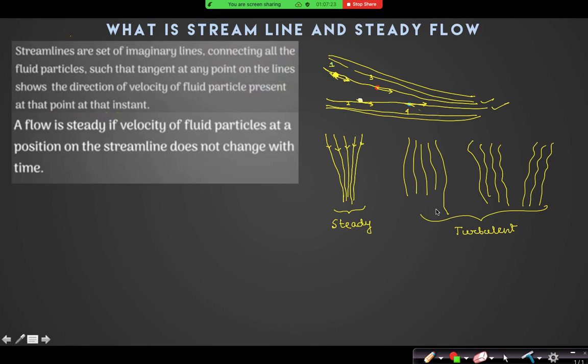So if at t equal to 0 and t equal to t1 the shape is like this, at t equal to t2 the shape will be like this, and at t equal to t3 the shape may be anything. You cannot predict. At the same location only, the shape will change.